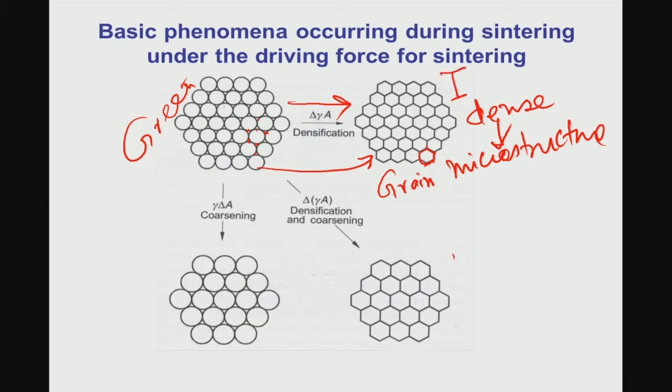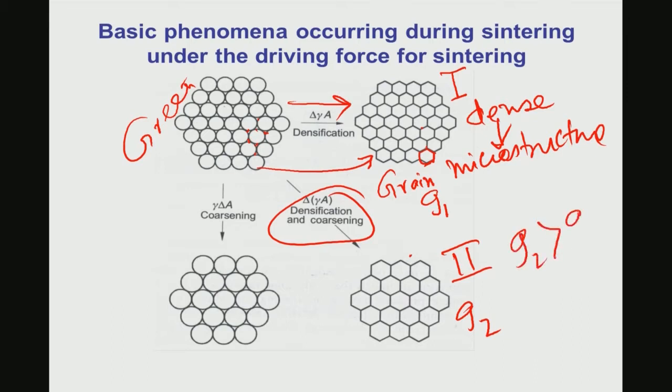Another scenario is scenario number 2 that I have highlighted here. Here densification also takes place, at the same time particle coarsening also takes place. So, if you compare grain number 1 and grain number 2, if the grain size here is G1 and here is G2, G2 is essentially greater than G1. This is simply because sintering is not done in a correct manner or at the correct temperature for the correct time.